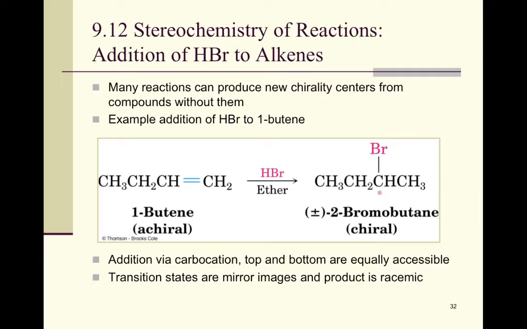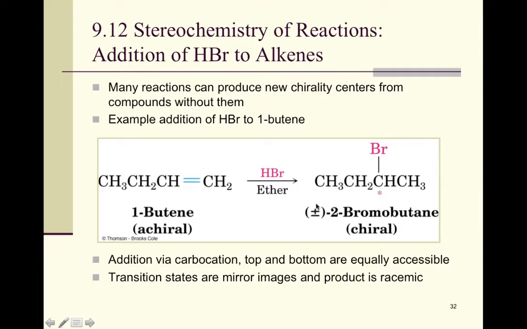Stereochemistry of reactions. In this reaction, where we add HBr across a double bond, we can see that our product can be chiral. So we can start off with an achiral molecule, have it undergo a reaction, and it becomes chiral. Our example here is adding HBr across the double bond of 1-butene, and then we get a chiral carbon at the second carbon in.